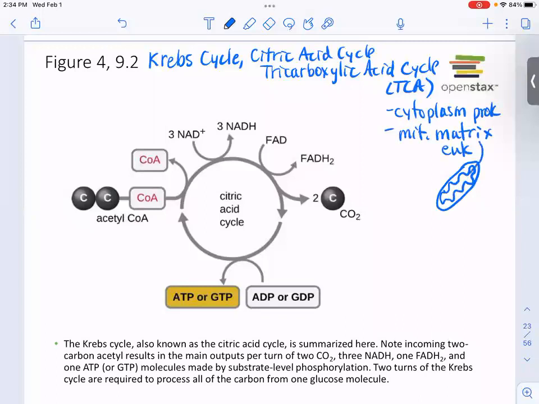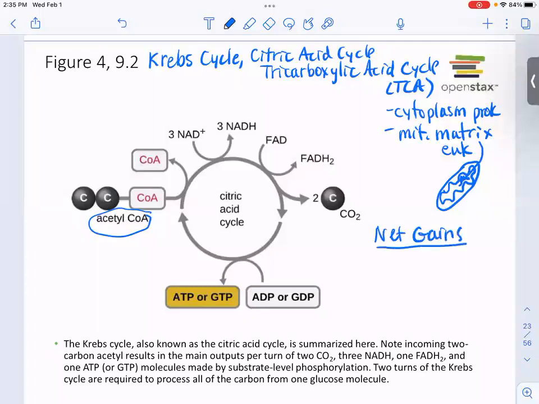So the mitochondrial matrix is going to be inside that inner membrane. Okay, so that's where this is taking place, as well as that transition step that we just talked about. So here's a 2-carbon acetyl-CoA entering the citric acid cycle. It actually binds to a 4-carbon compound that our next slide shows us a little bit better. Net gains here. Let's go ahead and talk about that on this slide.